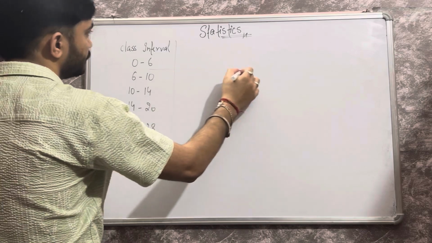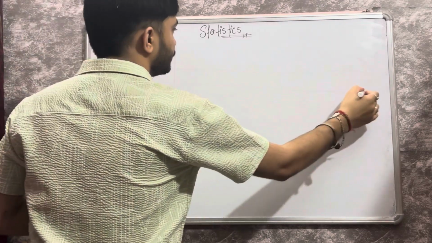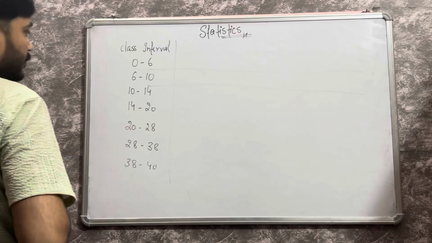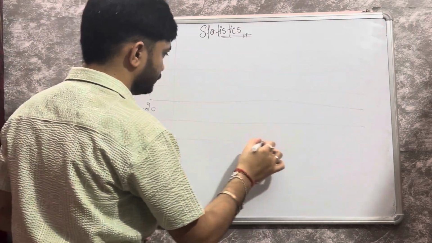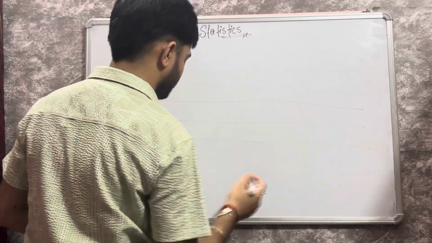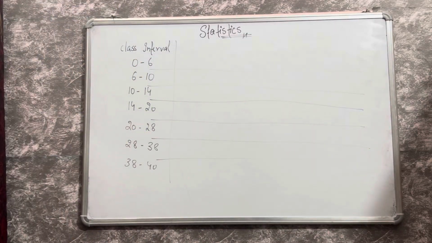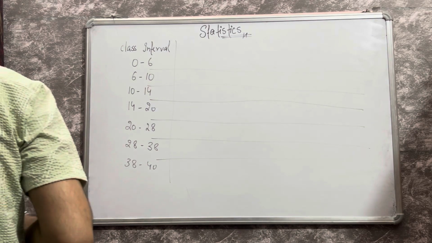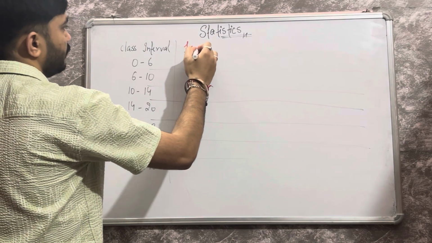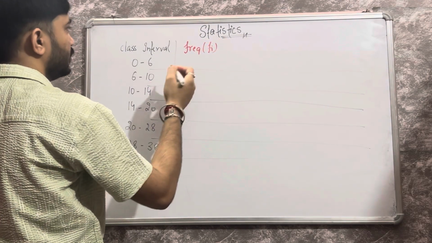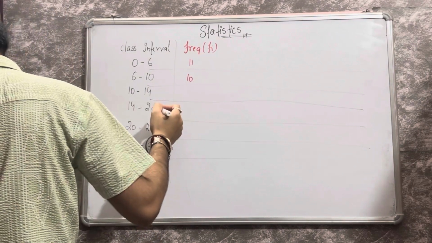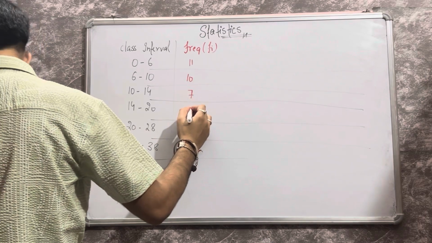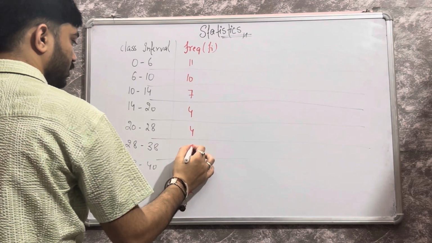Also, the frequency given to us here, we can write frequency as Fi, is 11, 10, 7, 4, 4, 3, 1.